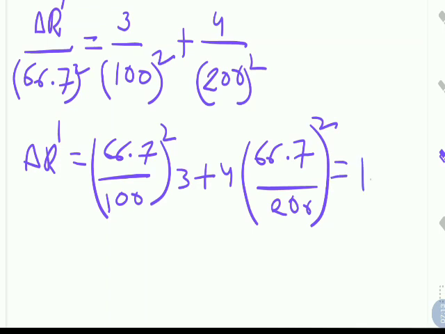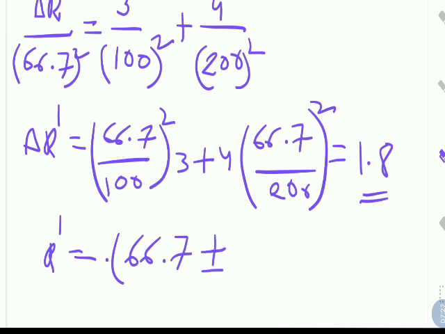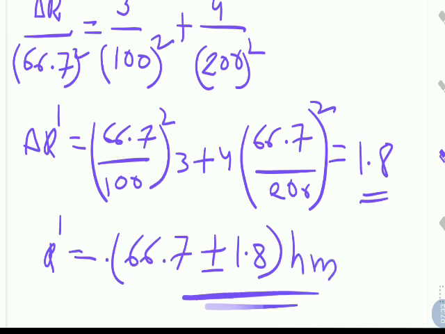Solving, we get 1.8. So R dash is equal to 66.7 plus or minus 1.8 ohms. This is the answer.